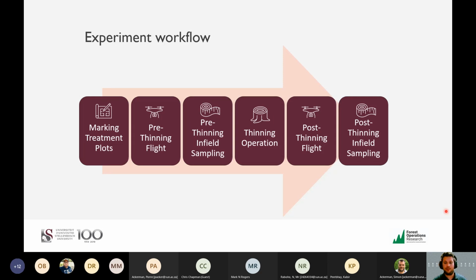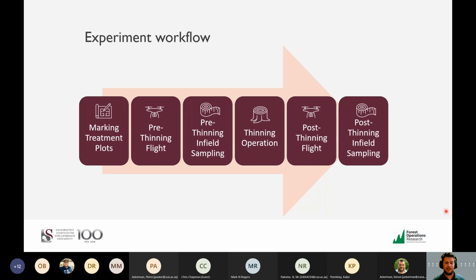The experiment workflow. This experiment was done by firstly dividing the stands into treatment plots by marking these plots on ground level. Next, the pre-thinning flight was performed using a UAV known as the DJI Mavic Pro, which is a commercially available product fitted with a 12 megapixel camera.